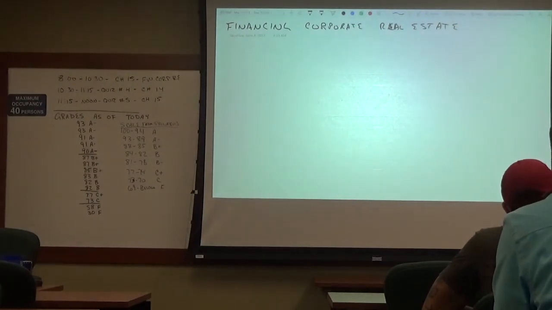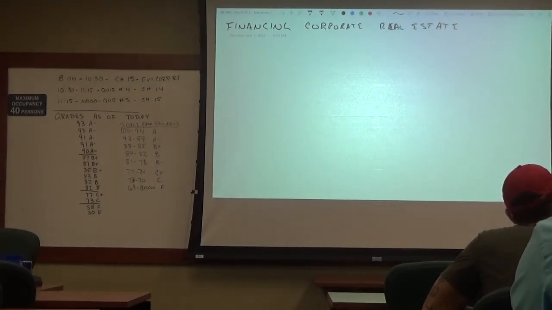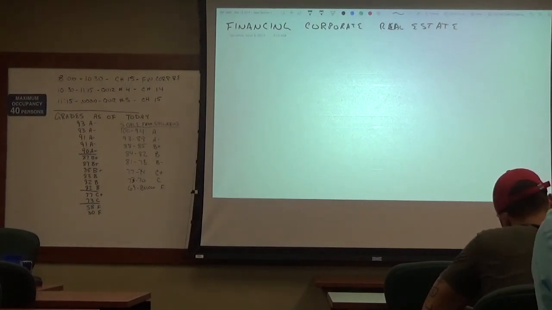At what value? Cost. Cost, or in essence, that's the book value, if you will. In other words, the historical purchase price. Well, think about that for a minute. And this is not a unique issue in the sense to any particular type of business.